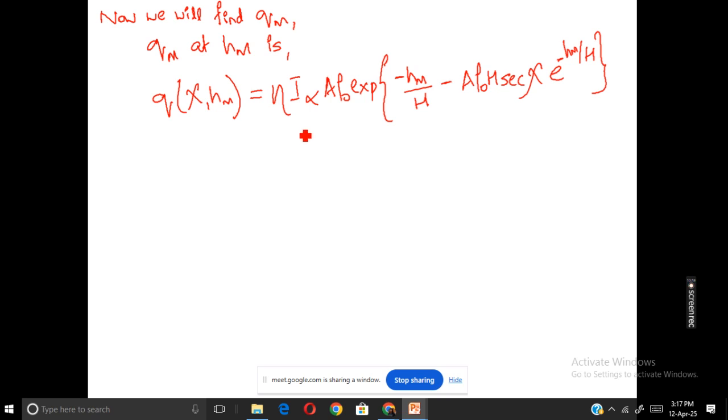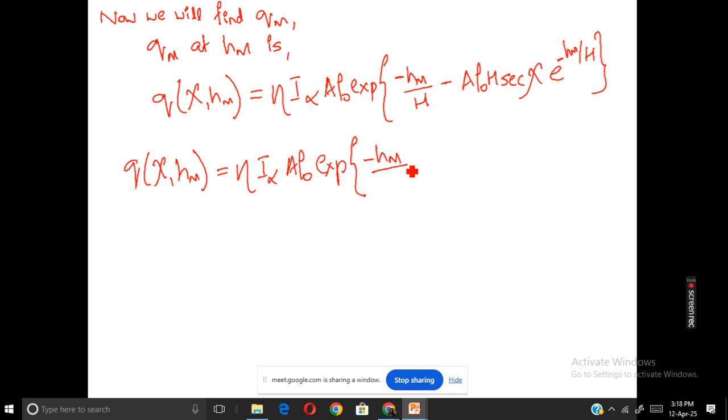Now in this we can substitute this term. First we will separate it into these exponentials. Q of χ, hm can be written as η I infinity a ρ0 into exponential of minus hm by H into exponential of minus a ρ0 H c χ e^(−hm/H).